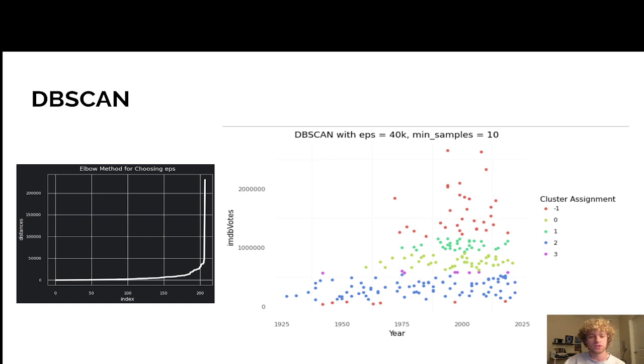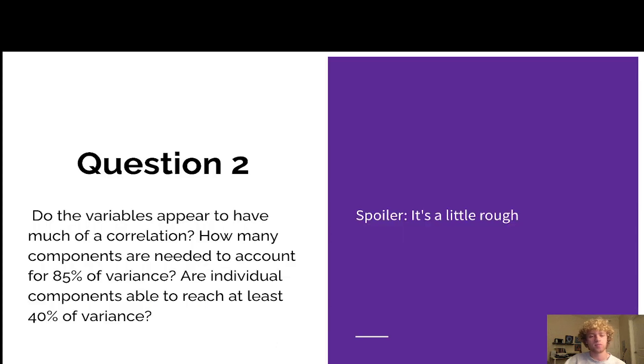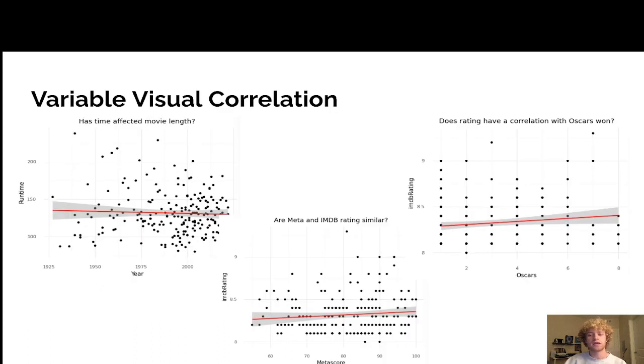But on to the second question, talking about correlation and PCA. How many components are needed to reach 85%? And again, can I get any individual one to reach one? So looking visually, I plotted a couple of the different metrics together, and I also put a line of best fit through them all.